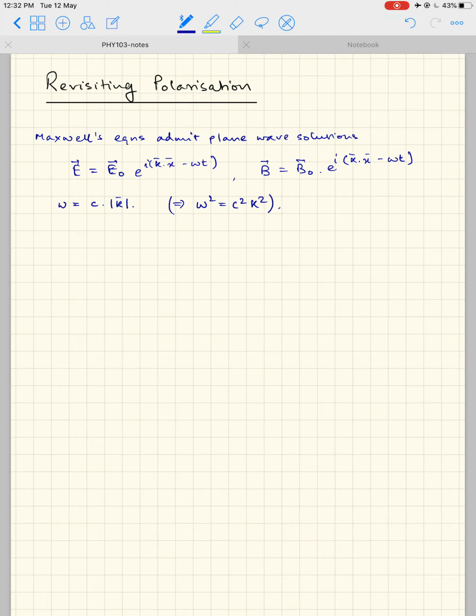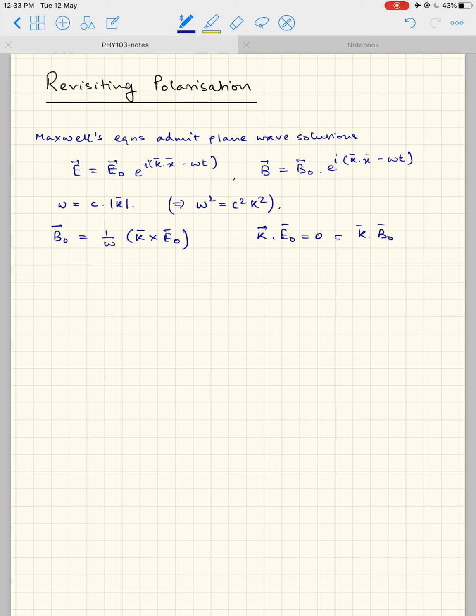Okay, so in addition, what we found is that B naught was 1 over omega times k cross E naught, and we found that k dot E naught is equal to 0 equals k dot B naught.